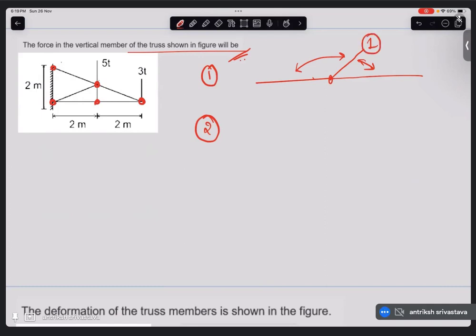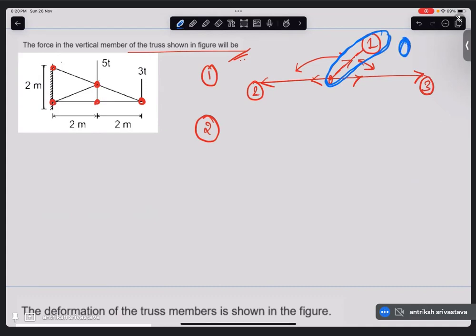So this is 1, this is 2, this is 3. Anywhere in between, if this member is there, and these two members are coplanar, and there is no external loading applied, then the force in this particular member is going to be 0.